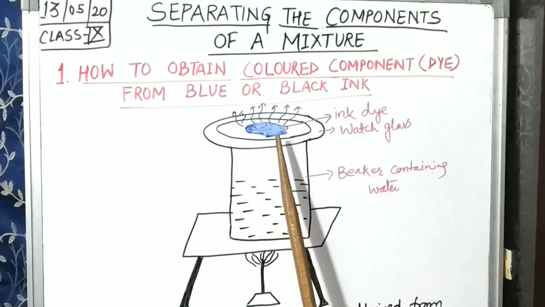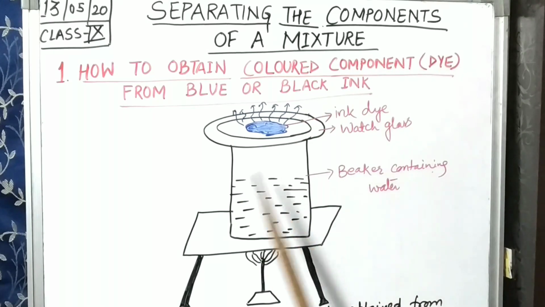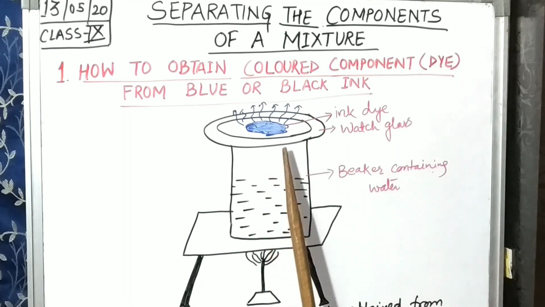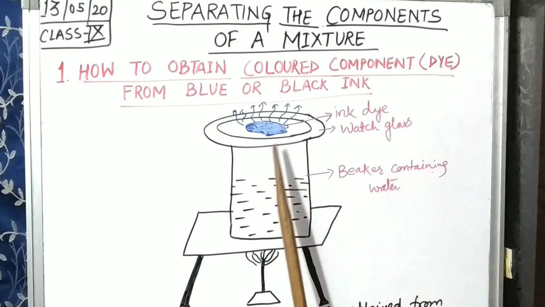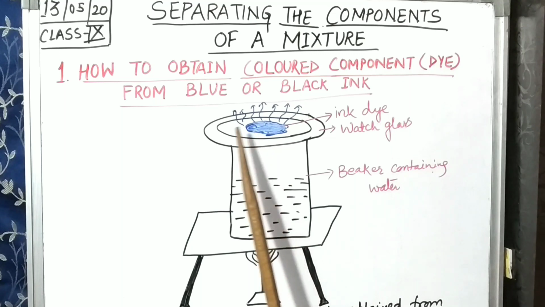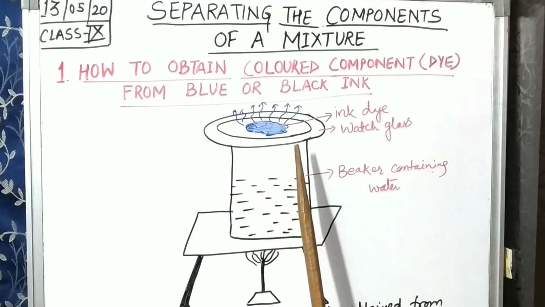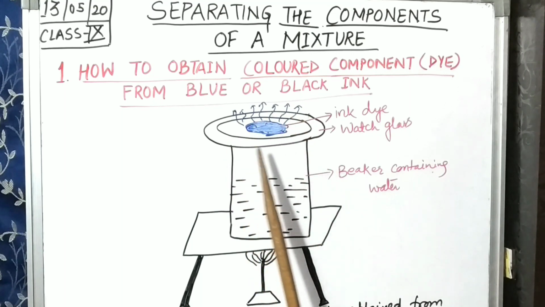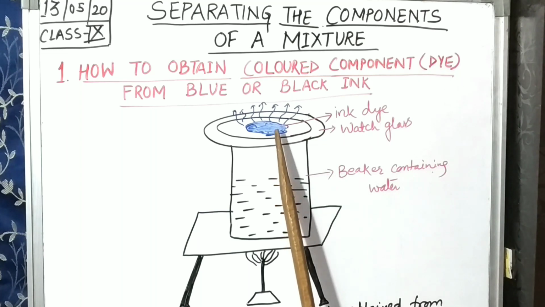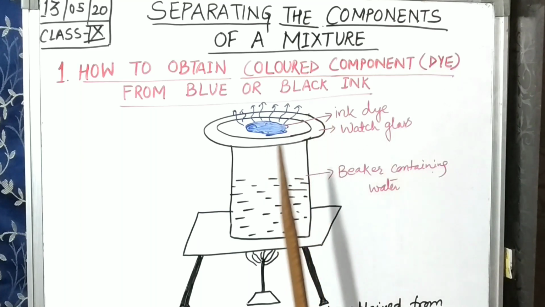On this watch glass we have taken ink. When this water starts boiling, due to the heat formed after boiling of this water, this watch glass will be heated up, and the heat which is trapped by the watch glass is transferred to the ink which we have kept on it.